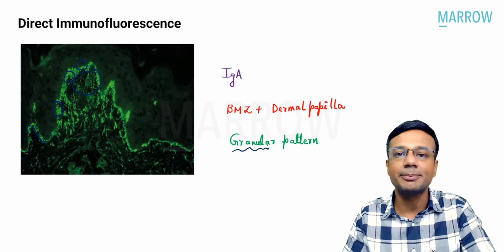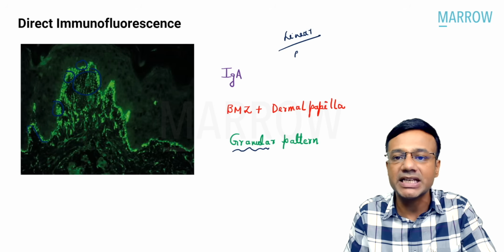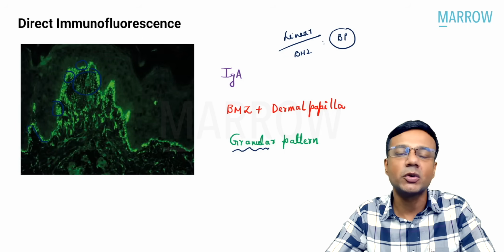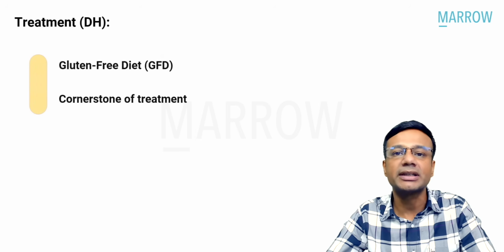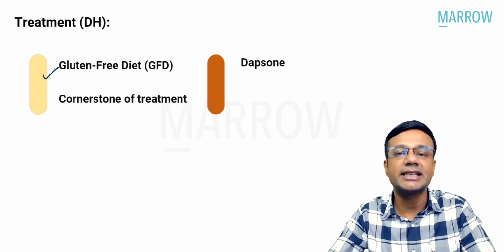Please remember, students, in bullous pemphigoid, we are going to have a linear pattern along the basement membrane zone. This is going to go in favor of bullous pemphigoid. Granular IgA is going in favor of dermatitis herpetiformis. In terms of treatment, 2 important things. Number 1, gluten-free diet. And the drug of choice for this condition is Dapsone.